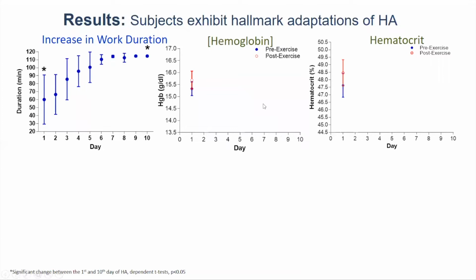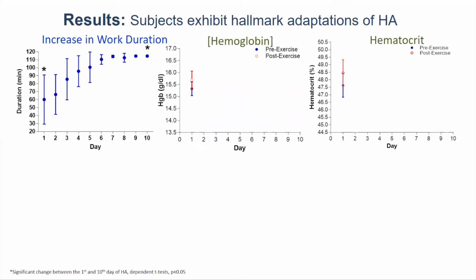We took blood samples, and from pre to post exercise, so pre-exercise is in blue, post exercise is in red, their hemoglobin and hematocrit increased. Why is that? Why do you think hematocrit and hemoglobin increased?